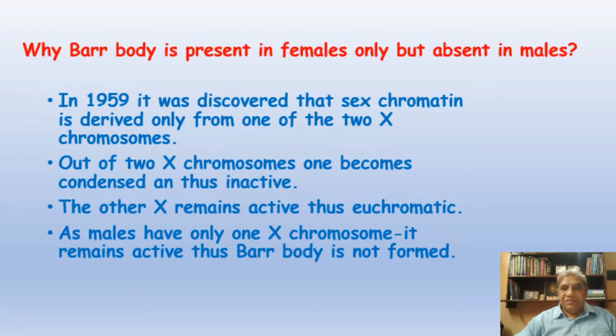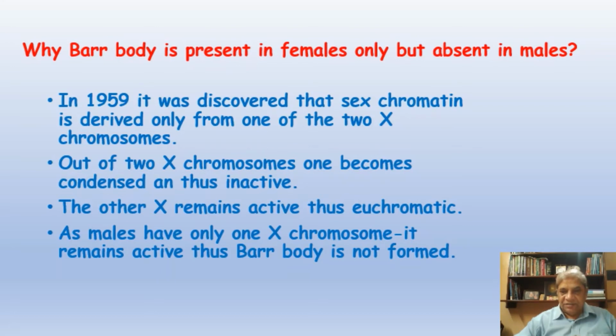In 1959, it was discovered that the sex chromatin is derived only from one of the two X chromosomes. Females contain two X chromosomes. Out of these two, one was responsible for formation of the Barr body. Out of two X chromosomes, one becomes condensed and thus becomes inactive.